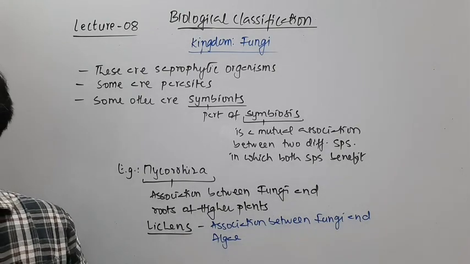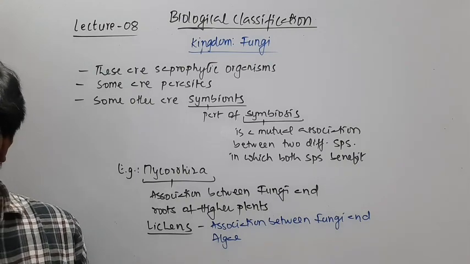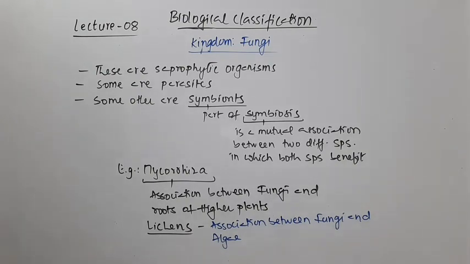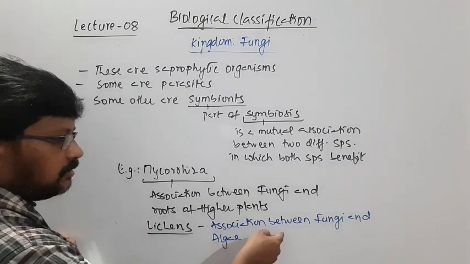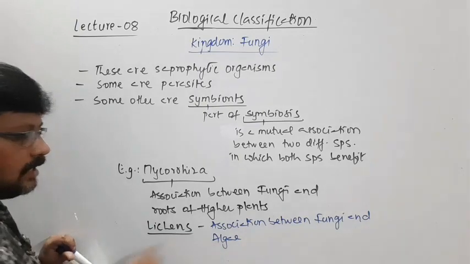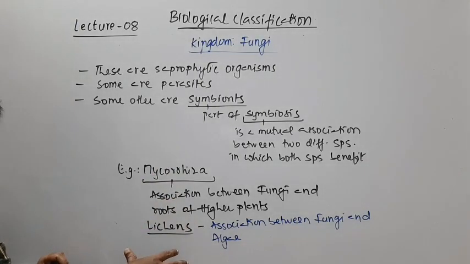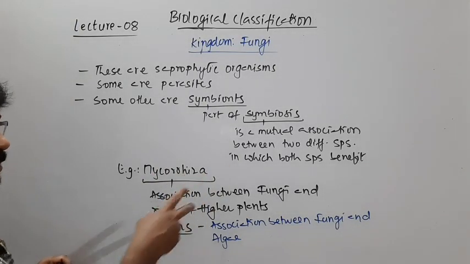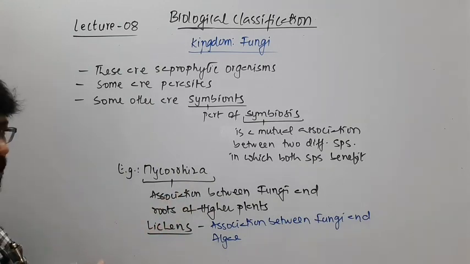How is that? We'll see in coming sessions in detail. Almost at the end of this chapter I'm going to discuss these lichens again, and the association between fungi and algae. In both these cases there will be an association of two different species, and those two different species will get benefit.